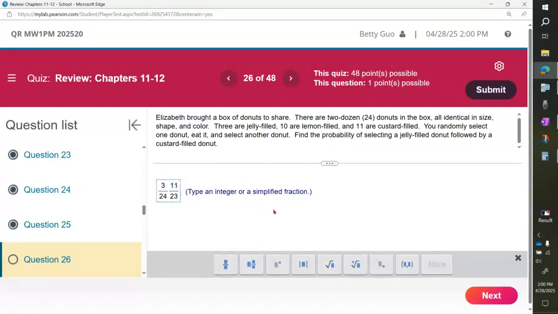Because the first time you ate a jelly-filled donut, it does not change the number of custard-filled donuts in the box. You still have 11 custard-filled donuts. So 11 over 23, and the multiplication rule means you multiply the two probability fractions. Type an integer or simplify the fraction. We're going to use the calculator, okay? 3 over 24.